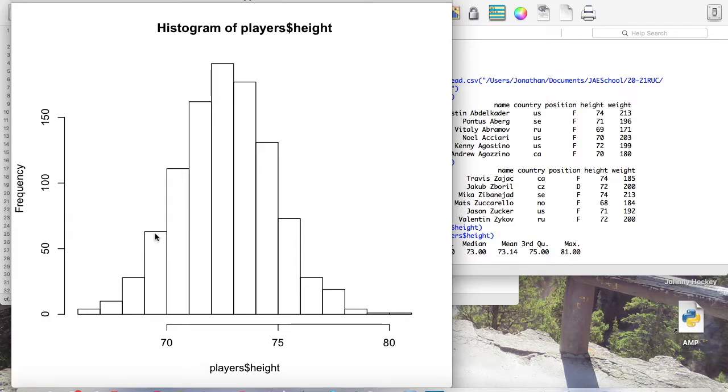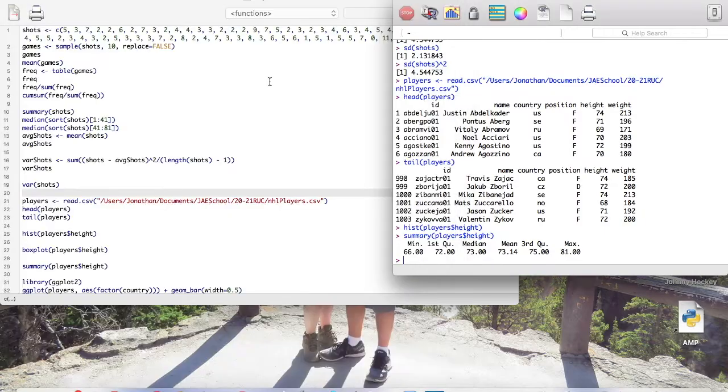I'd say there are about 60 players or so that are 5'9", thereabouts. And then below 5'9" and above 6'3", comparatively very few players. And that kind of makes sense. There aren't going to be that many hockey players that are very tall, and there aren't going to be very many that are very short.